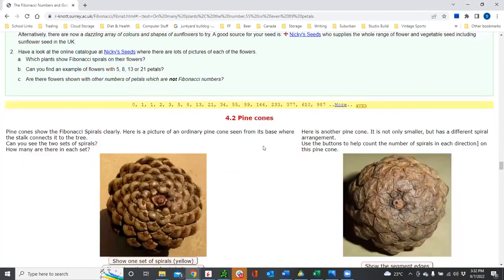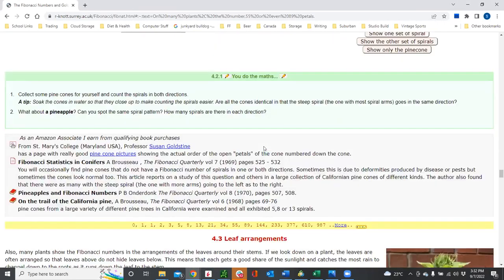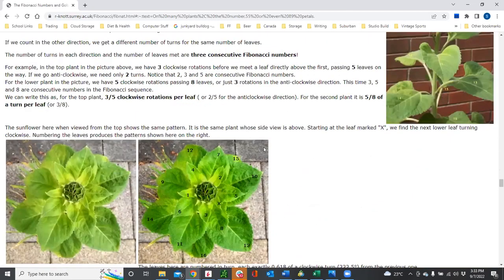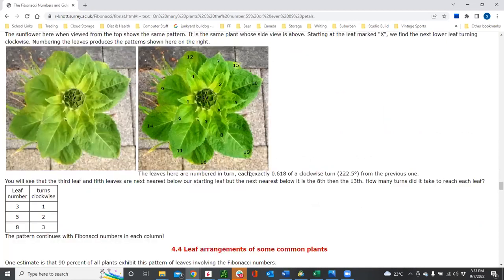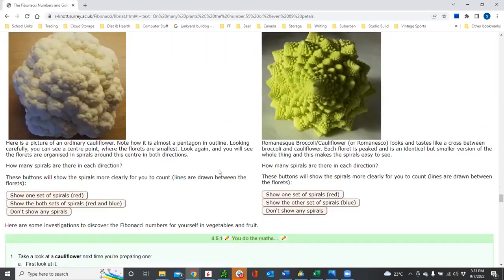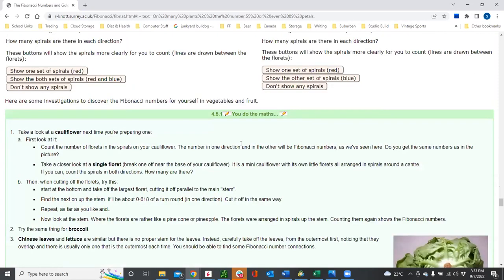Pine cones, leaf arrangements, vegetables and fruit. Pretty much anything you've been exposed to is some type of Fibonacci sequence. It's crazy. So anyway, how does that help you in trading?